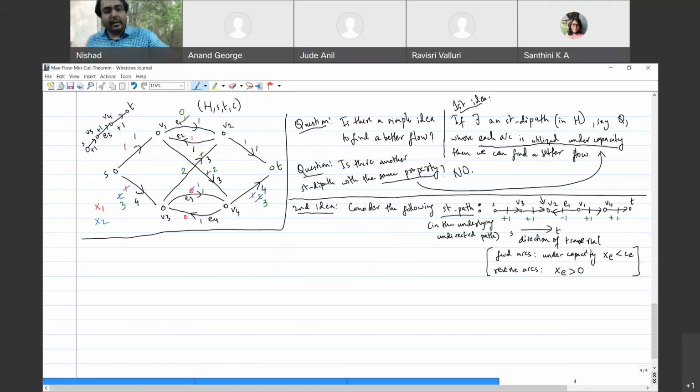Let us check the conservation constraints. At this vertex, the incoming has increased by 1 and the outgoing has increased by 1. At this vertex, the incoming has decreased by 1, which is the arc E1, and the outgoing has increased by 1.